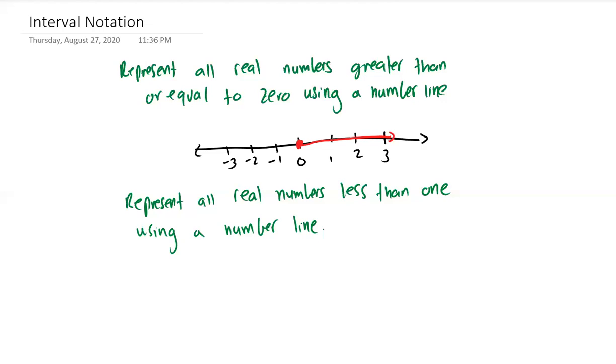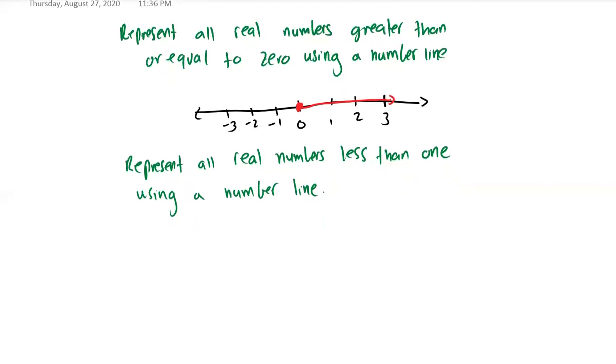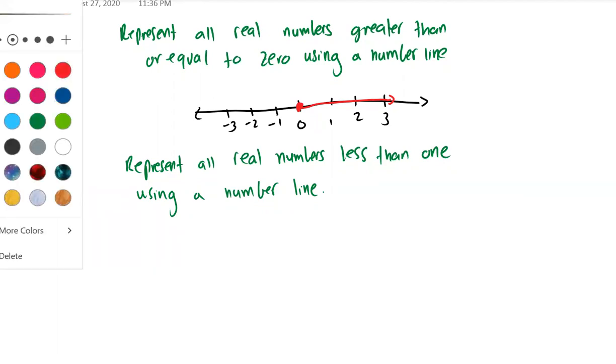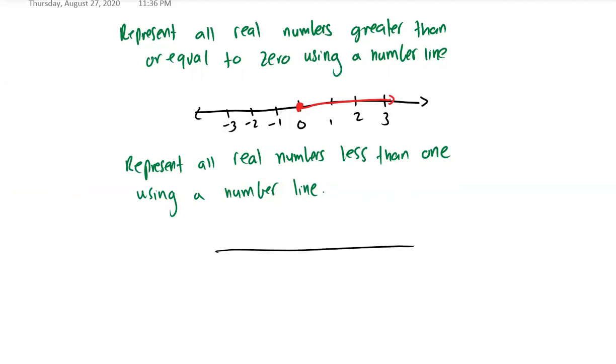Now, suppose I want to represent all real numbers less than 1, again using a number line. So you do the same thing. You draw the real number line.